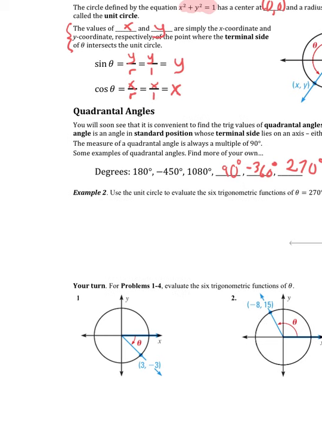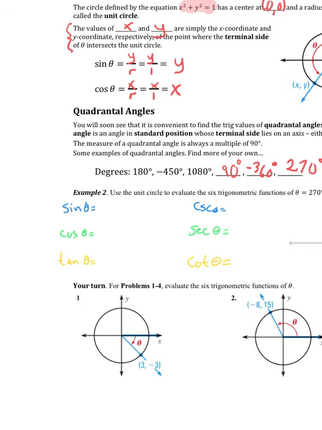So 6 trig functions, we'll go ahead and set that up right now. Sine theta and cosecant of theta. And then we're going to do cosine of theta and secant of theta, 1 co. And then the last one, tangent of theta and cotangent of theta.